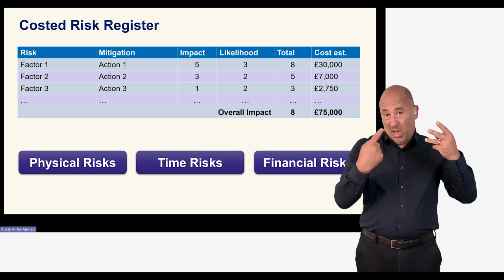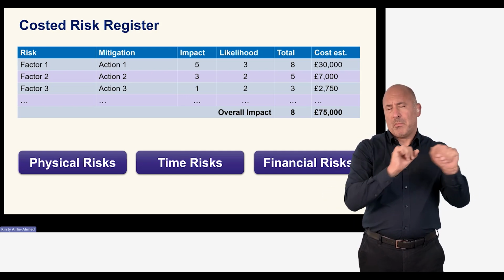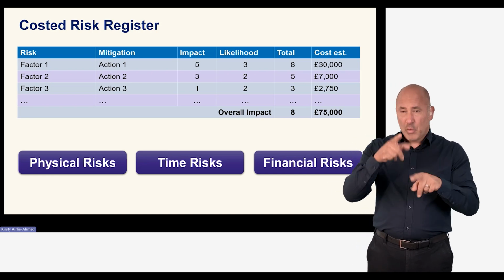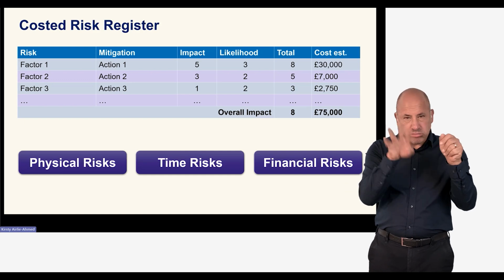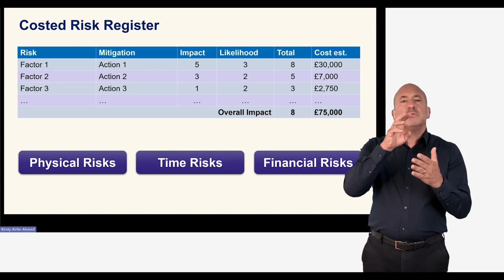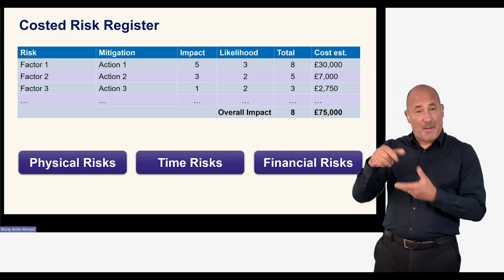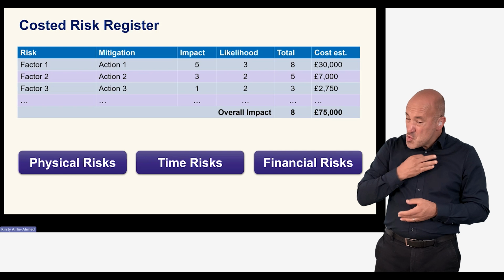The list goes on. Each project is different and will have different risks associated to it. We want to see that you've considered all the risks and have a plan in place. The costed risk register should inform the contingency figures in your budget. Lack of contingency is in itself a big risk to delivery.